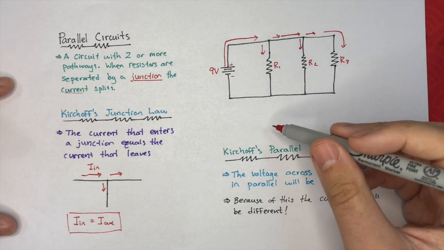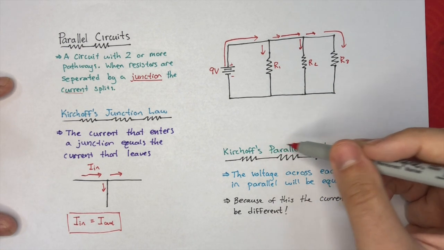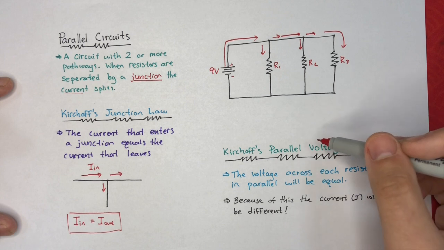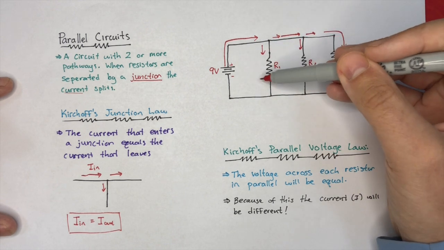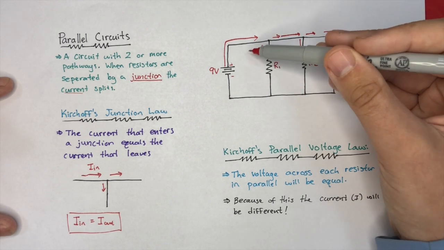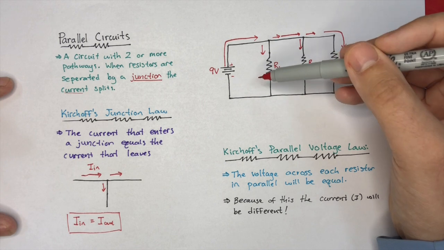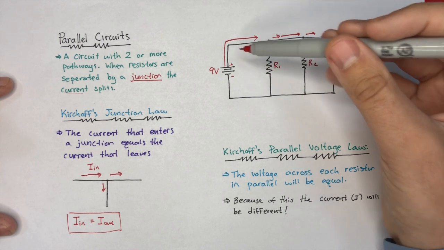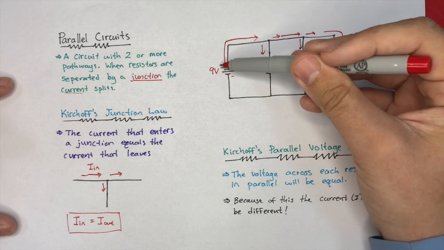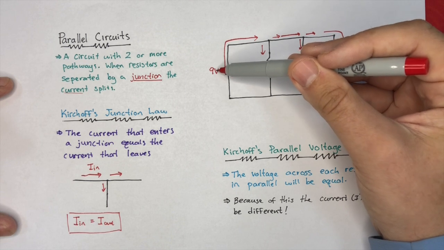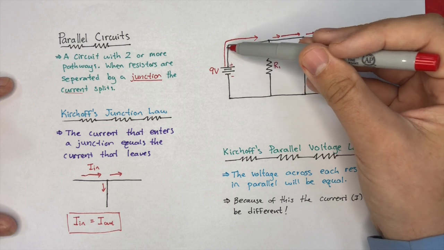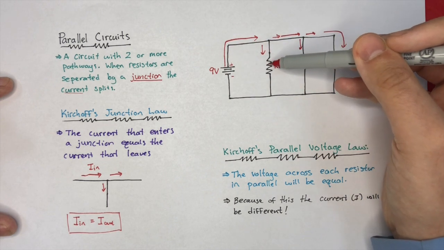The other key idea here is Kirchhoff's parallel voltage law. Now, Kirchhoff's parallel voltage law comes from Kirchhoff's loop law, which states that if you go around any one loop, the voltage drop must be equal to 0, or the change in voltage must be equal to 0. So what ends up happening here is if we start with this 9-volt battery, our electrons, or the current, has gone through 9 volts of potential, enters the junction, and it will cross across this resistor.